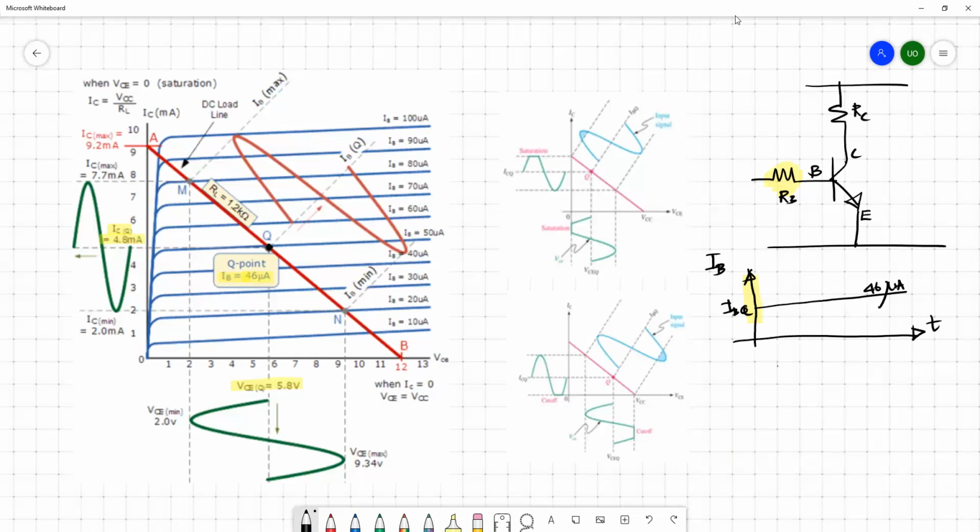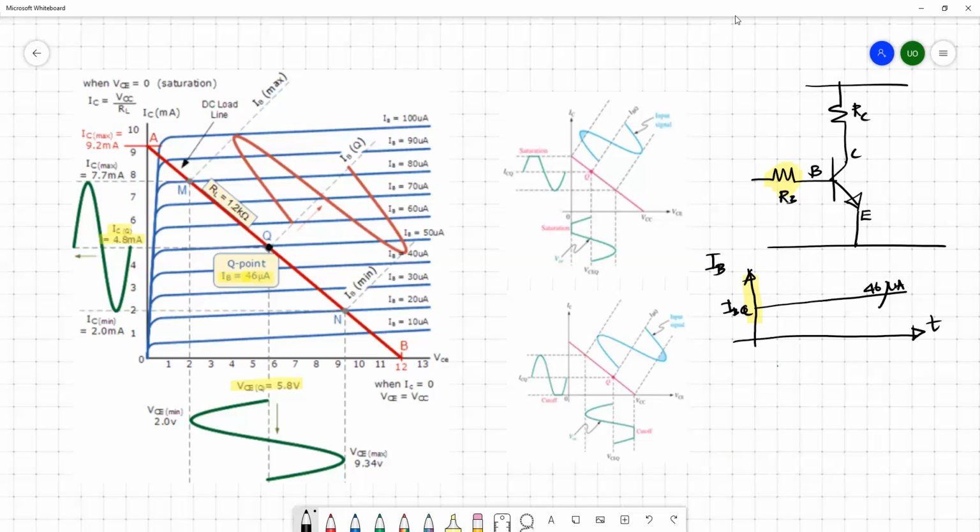This process is called DC biasing. We select the transistor, we select the circuit configuration, and based on the circuit configuration we draw the DC load line, which characterizes the operating region of this particular circuit.